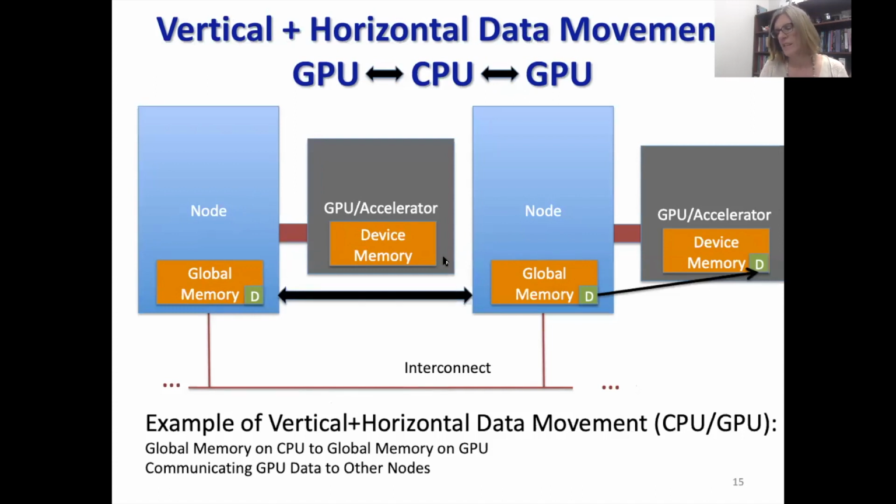To communicate data from one GPU to another requires horizontal data movement, often passing through the host. And there are APIs that do, in some cases, allow you to bypass the host when you need to do GPU to GPU communication. So we're calling this vertical plus horizontal data movement. It's vertical if the CPU is involved.